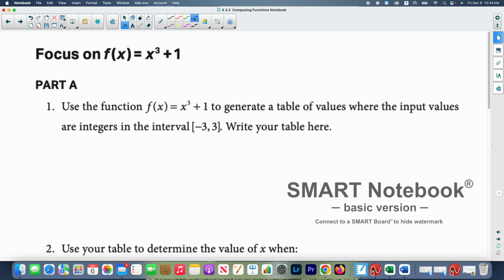What's it ask me to do on question 1? Make a table, all right? Write a table. What else did it give me information about to write my table?